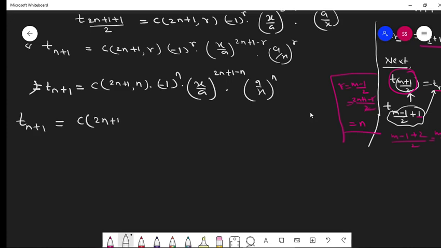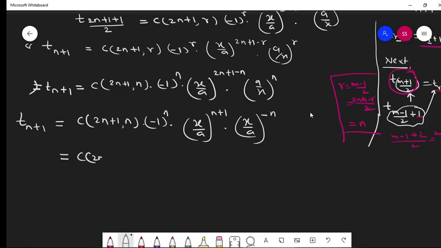C(2n+1, n) (-1)^n. This is (x/a) to the power 2n-n, that is n+1. Then it is (a/x) to the power n, reversing, the power is negative, so equal to C(2n+1, n) (-1)^n (x/a)^(n+1) (x/a)^(-n), you know that now, n+1-1.